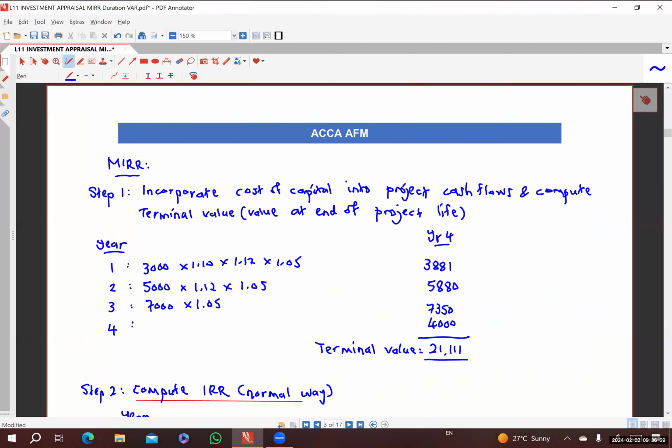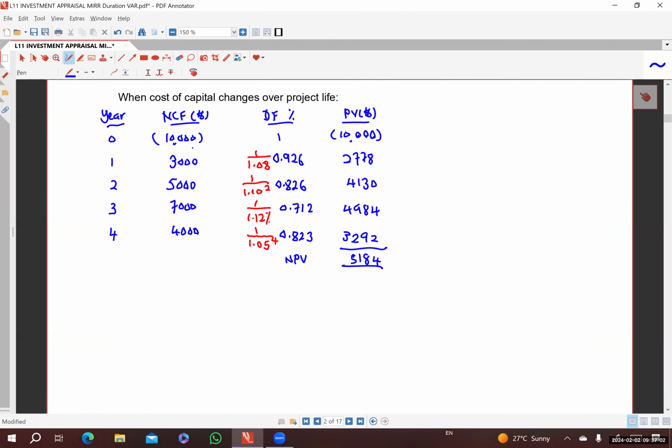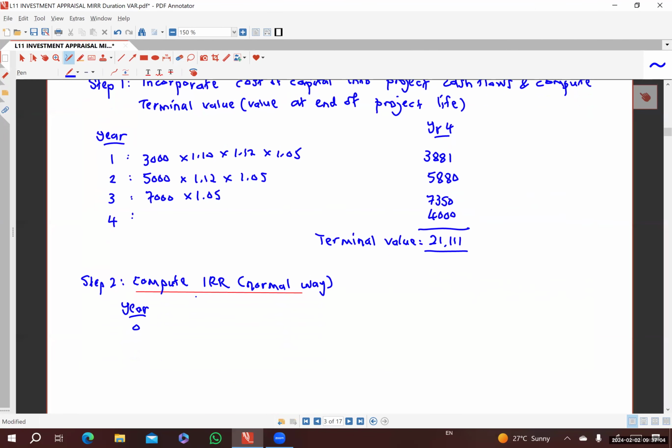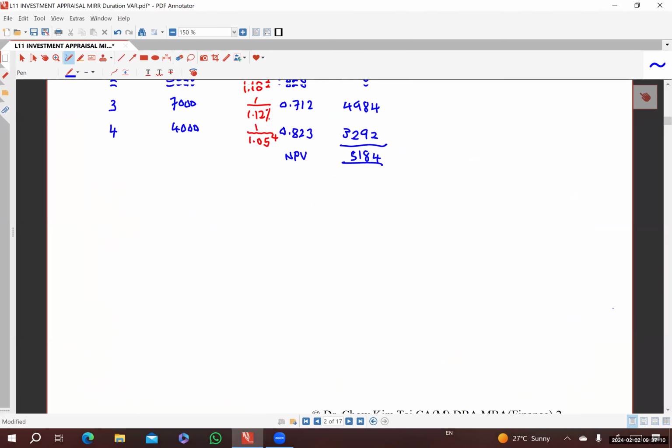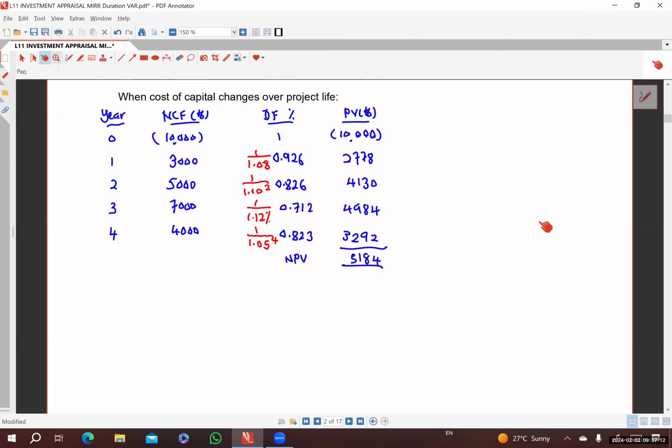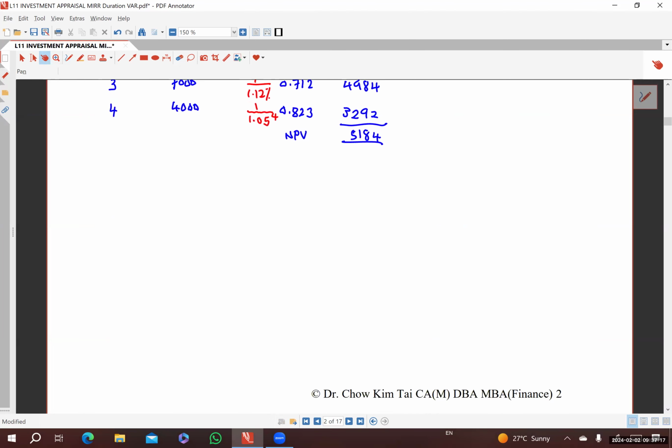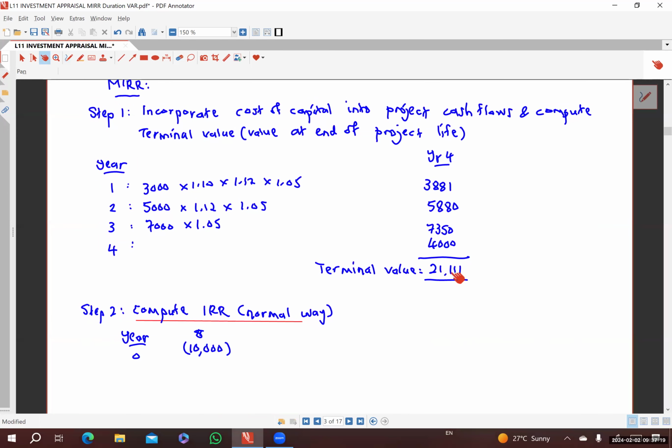Year 0 is a capital outflow of 10,000. Then all the cash flow from year 1 to year 4, you have already compounded forward to this value in year 4.